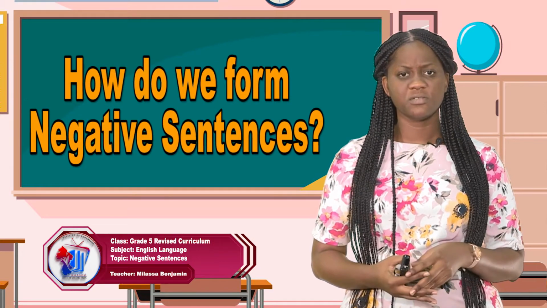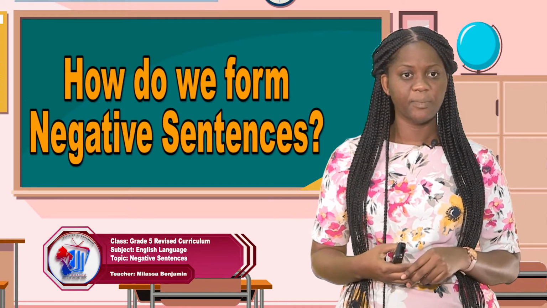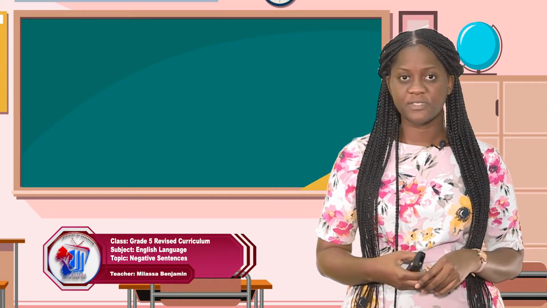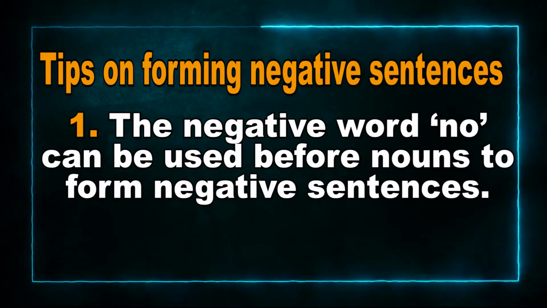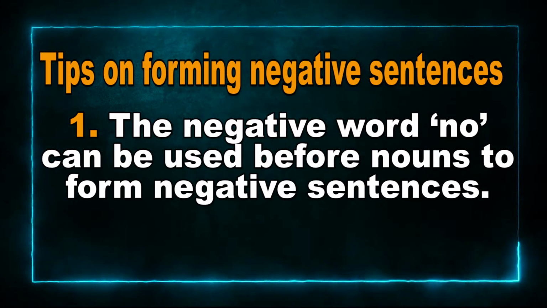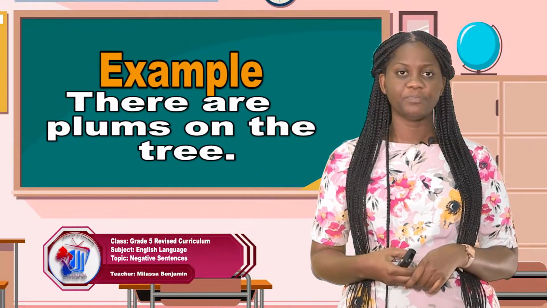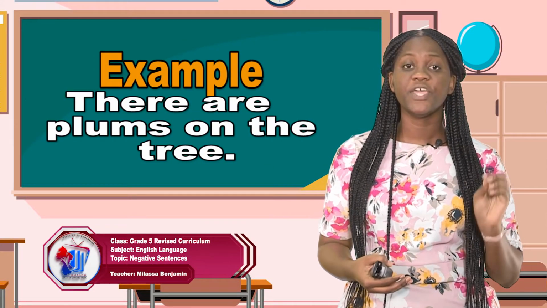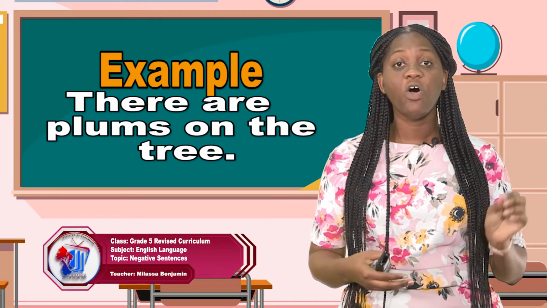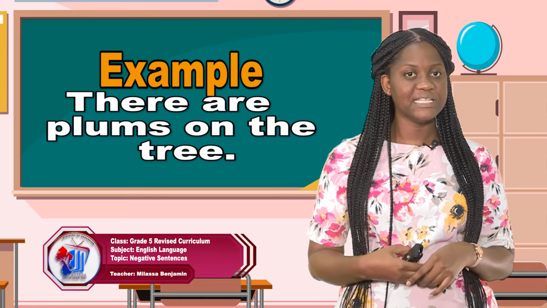So boys and girls, how do we form negative sentences? Here are a few tips. The negative word no can be used before nouns to form negative sentences. For example, if we say, there are plums on the tree, that is a positive sentence.